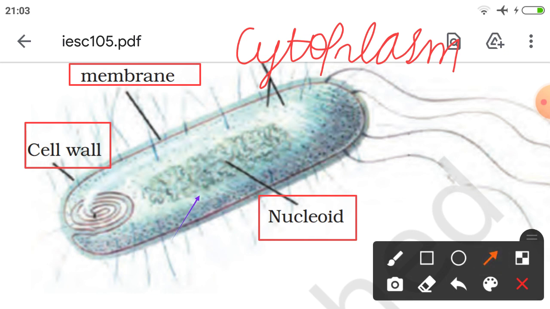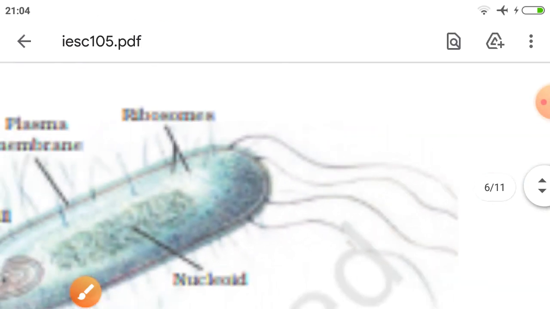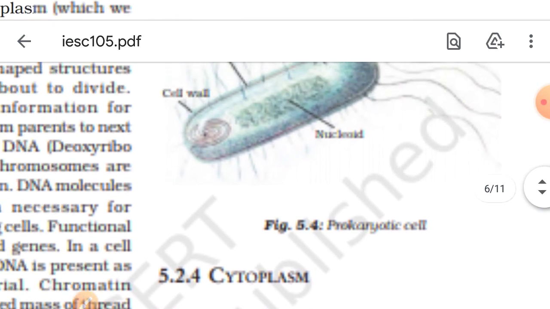So this is known as nucleoid, and these types of cells in which the information, RNA and DNA, is suspended like this, these types of organisms are known as prokaryotes. Pro means primitive, karyote means nucleus. Primitive nucleus.